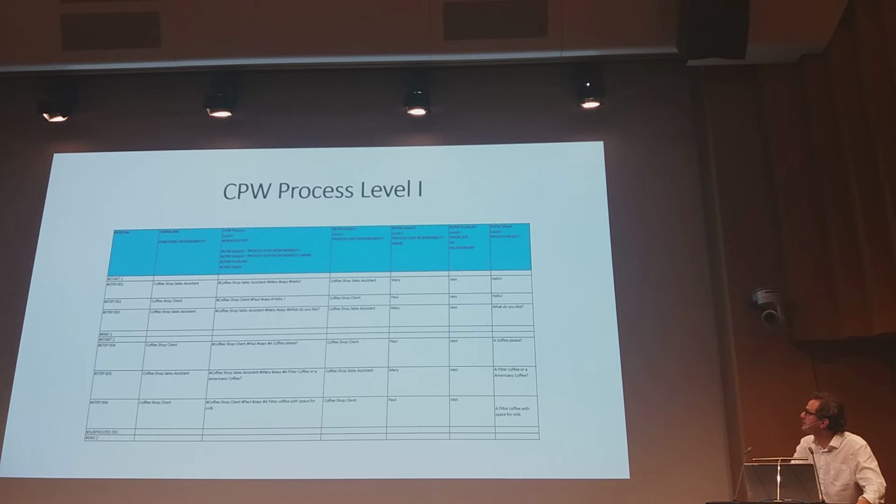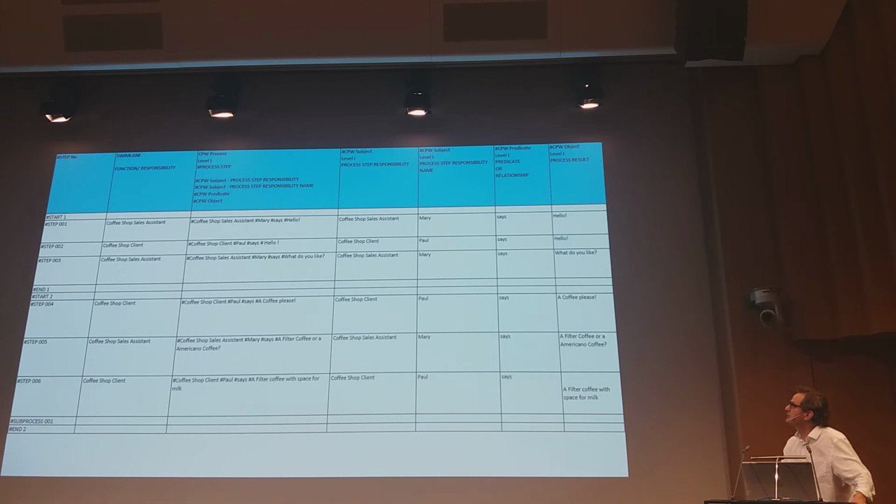We have here the CPW process level 1. So we go to full screen for the CPW process level 1. You see in the first column the process steps from step 001 until step 006. So we go to the second column.